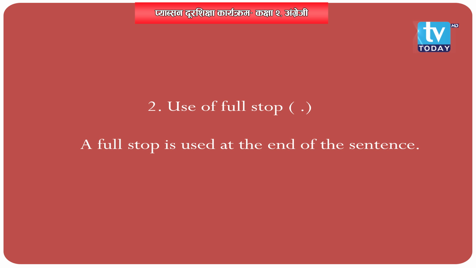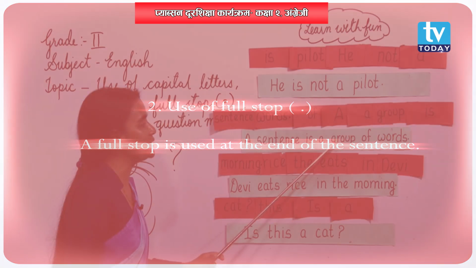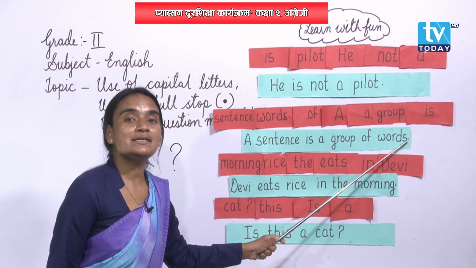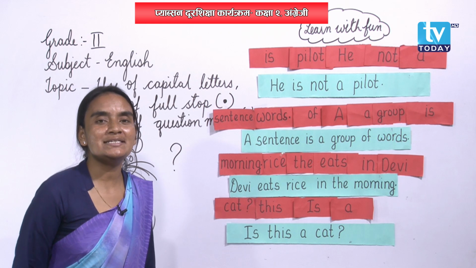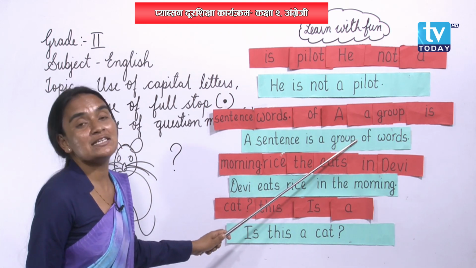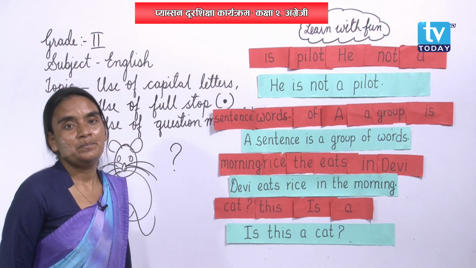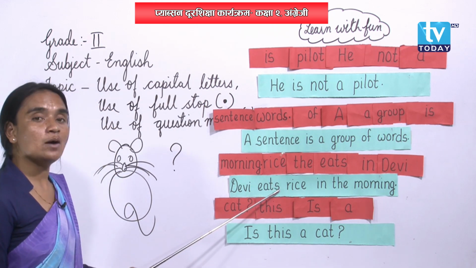Now, in the second sentence also, we can get a dot there. Here also, after using the words, a sentence is a group of words, that sentence is completed. Now it's giving meaning. Here also we can find out the same.